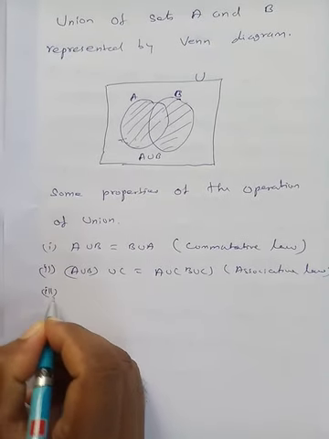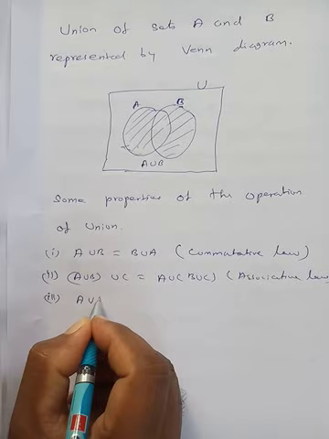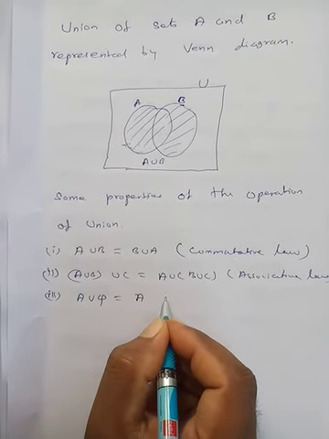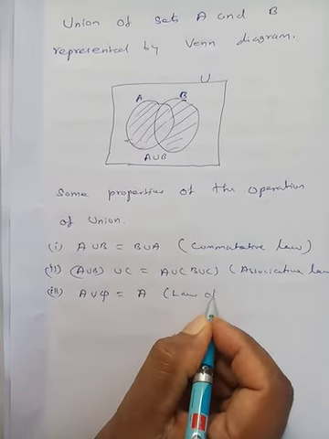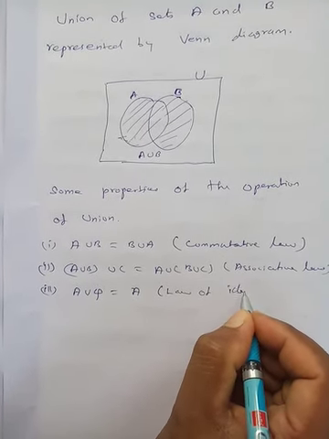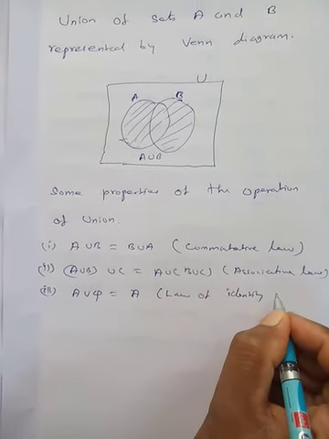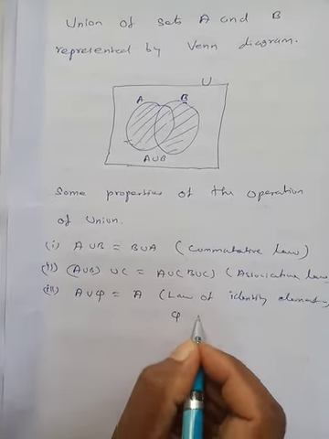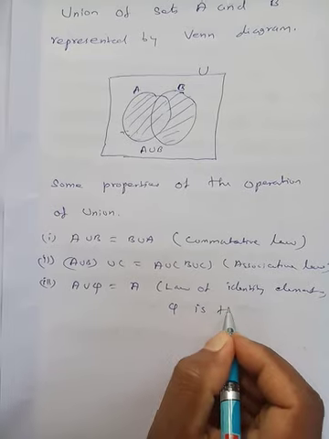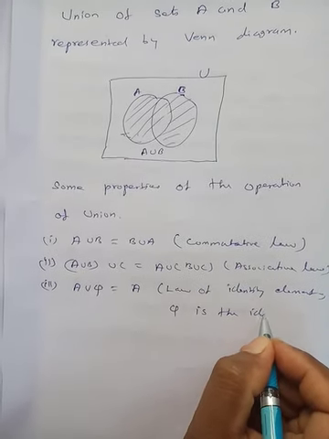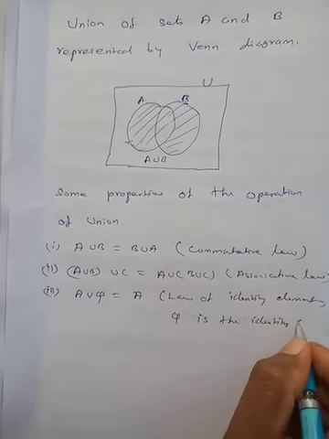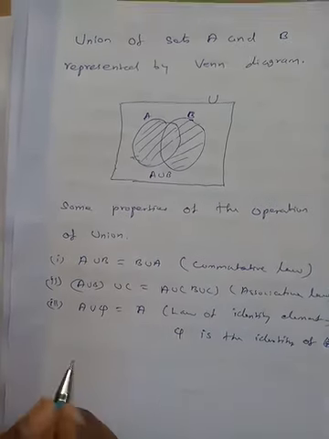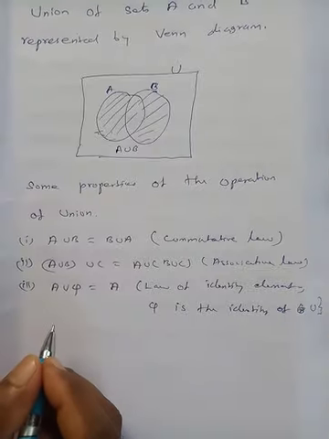Third one, A ∪ ∅ is equal to A. This rule is called the law of identity element, and ∅ is the identity of union.